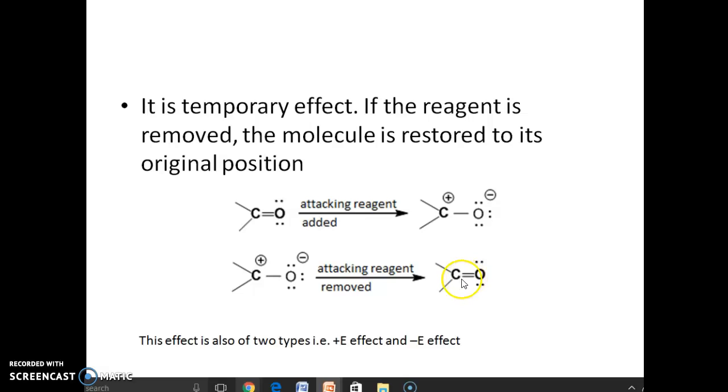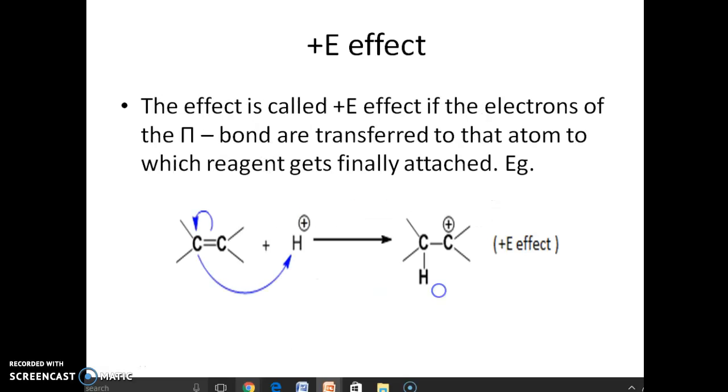If the attacking agent is removed, the polarity between carbon and oxygen is removed. This effect may be of two types, plus E effect and minus E effect. It is called plus E effect if the electrons of the pi bond are transferred to that atom to which the reagent finally gets attached.